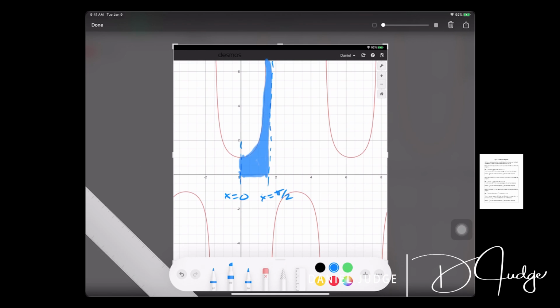You guys get the picture. We have a discontinuity.